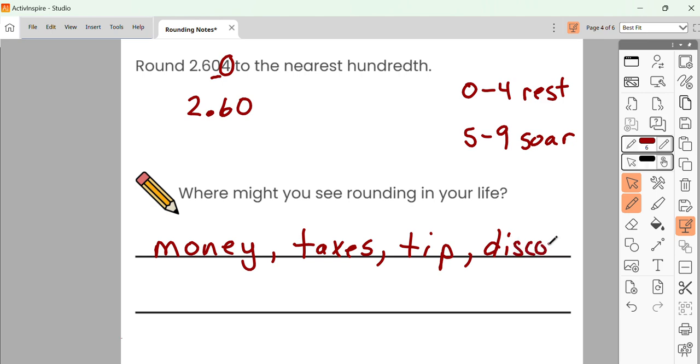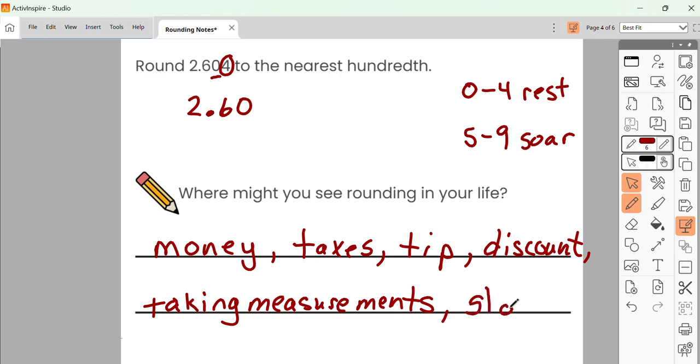It could be many things. Other reasons that you might round in your life might be if you are taking measurements. Or if you're shopping for something. Let's say you're shopping for fertilizer for your yard and you need 6.5 bags. Well, you can't buy 0.5 of a bag, so you would have to round up to 7.